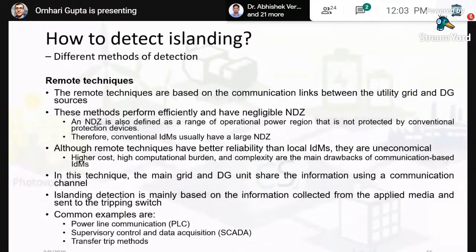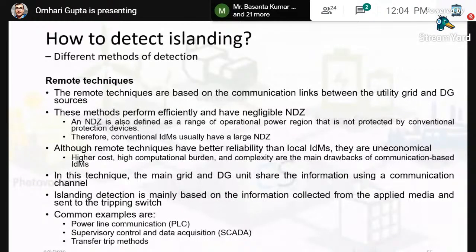Rather, other methods are preferred. Okay. The remote techniques are based on the communication links between the utility grid and DG sources. These methods perform efficiently and have negligible NDZ.